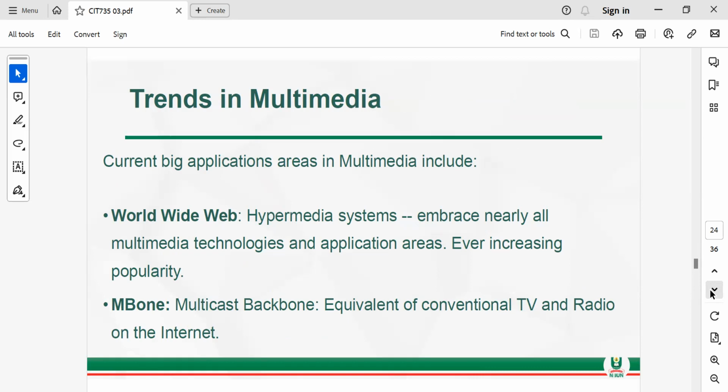Trends in multimedia. The current big application areas in multimedia include, one, World Wide Web. World Wide Web is even the biggest application area in multimedia now. Hypermedia systems, which embrace nearly all multimedia technology and application areas, and is increasing as much as possible. The World Wide Web contains lots of files, billions of files from different computers all over the world.